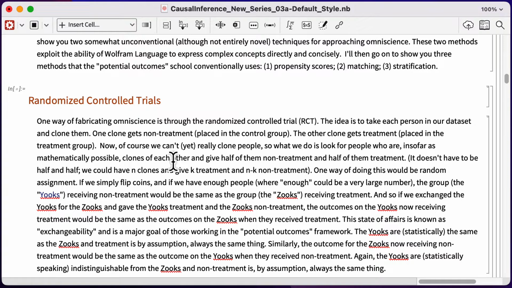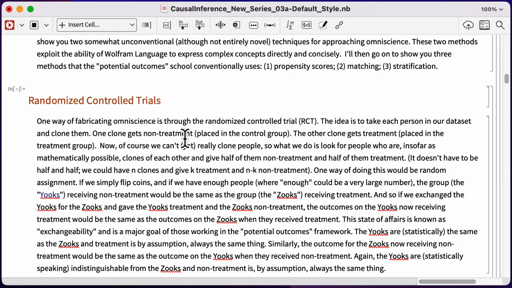The problem with randomized controlled trials is that they're expensive. You've got to plan them, you've got to monitor people, and in some instances a randomized controlled trial might be unethical. Imagine, for example, you want to see whether vitamin D prevents COVID, and so some people are given vitamin D and other people are given a placebo, and then we stick them all in a room full of people sneezing and coughing with COVID and see what happens.